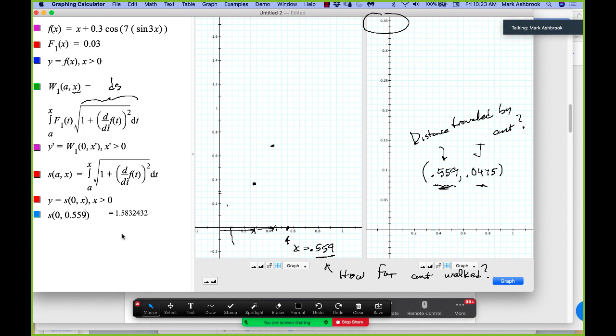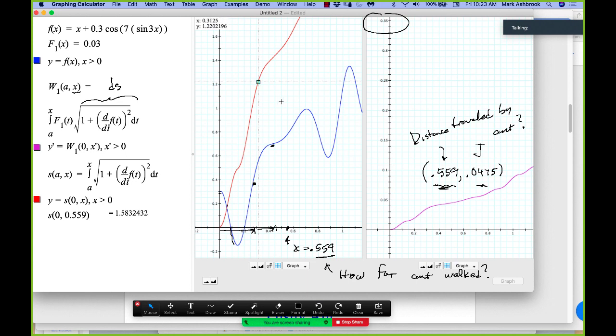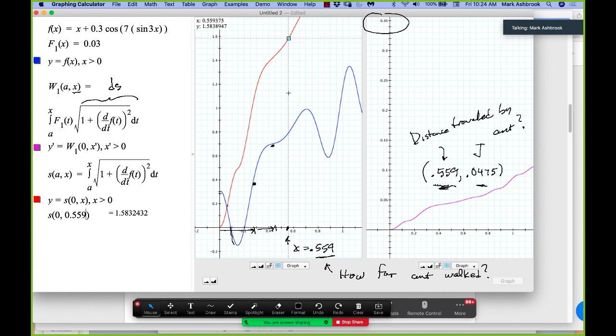So when the x coordinate of the ant has reached 0.559, right there, the distance traveled by the ant along the blue path is about 1.58, almost 3 times as much as its x coordinate, because it has to go down and then up.